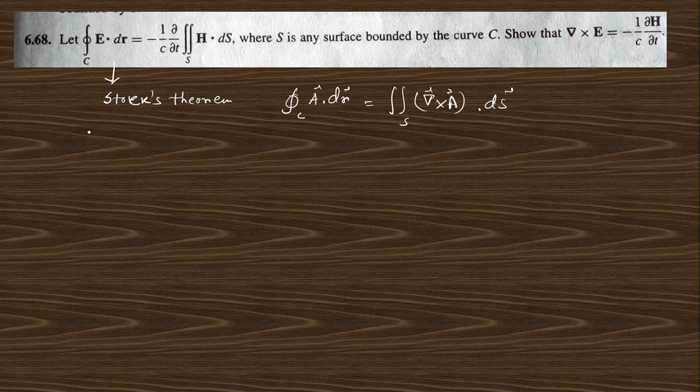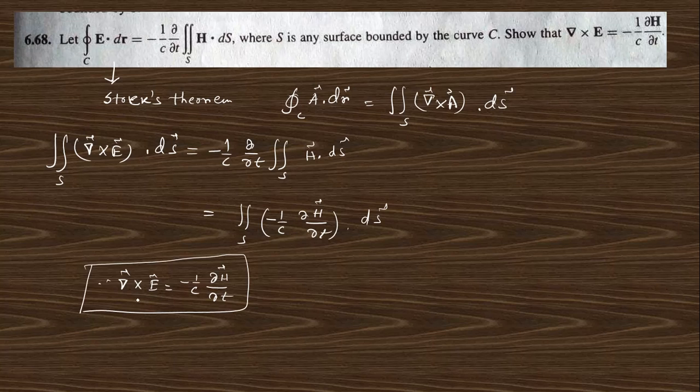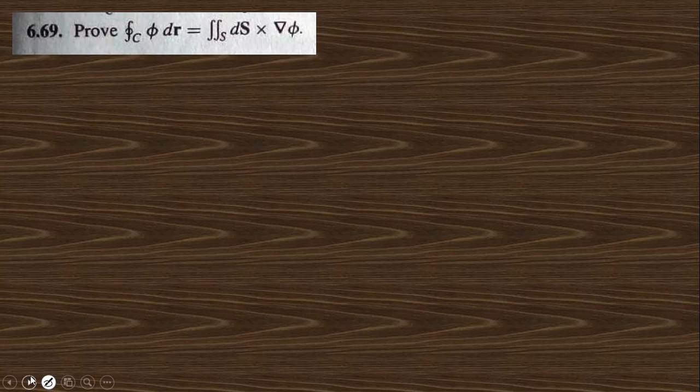Using this, here E vector is the vector, so this is curl of E dot ds vector integration, equal to minus 1 by c del by del t of the surface integral of h dot ds. If we write this as minus 1 by c del h by del t into ds, and compare both sides, you can say that curl of E is nothing but minus 1 by c del h by del t. Hence proved. Okay, go to the next question.